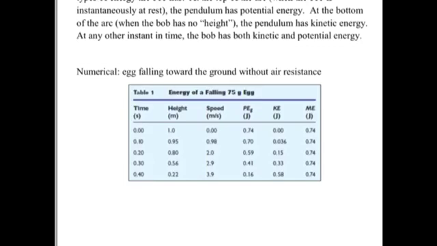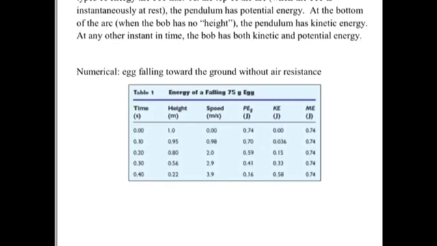So let's take a quick look. The object is at a height of 1 meter initially, with no speed. So it's dropped, and all the energy is potential energy. There's no kinetic energy, so the total mechanical energy is just 0.74, which is the same as the potential.